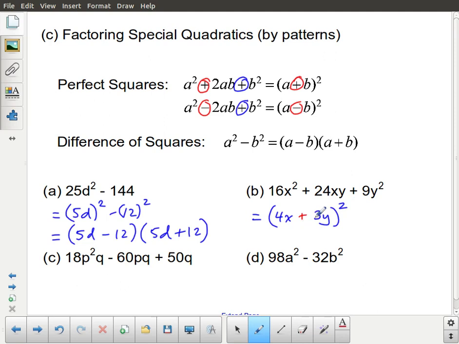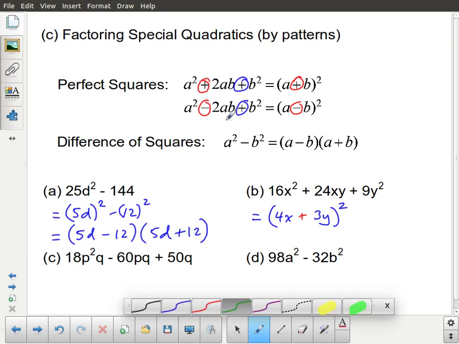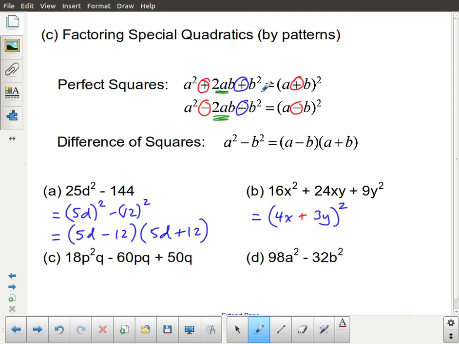Now, you do need to check something, which is this middle term is 2ab. So I have to take what a is, which is 4x, multiply that by b, so 4x times 3y is 12xy, and multiply that by 2, which is 24xy, and that works, which means this one is a perfect square.